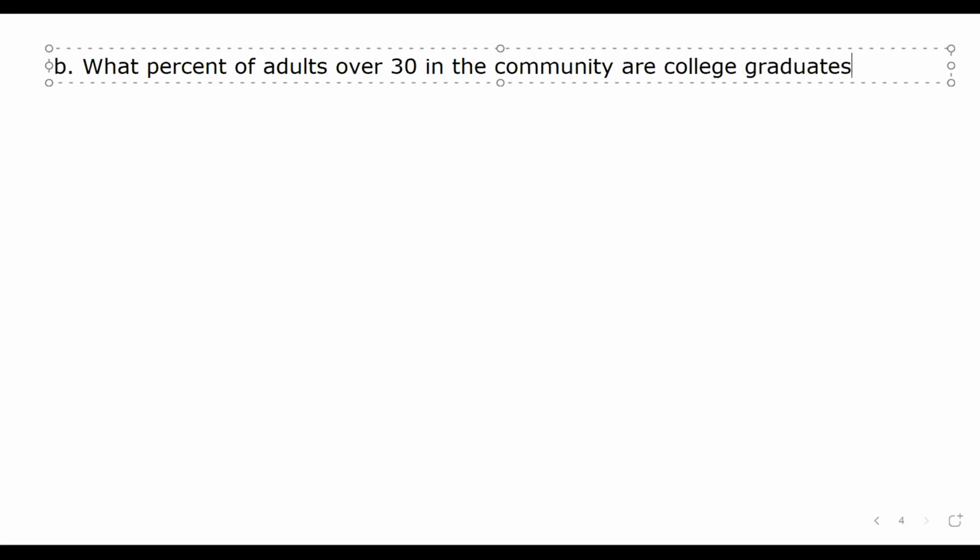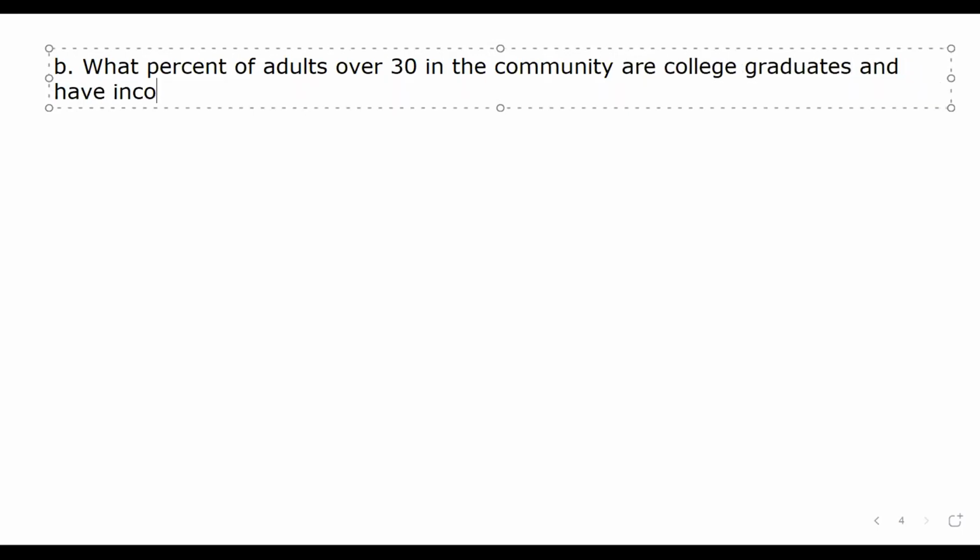So for part B, it's what percent of adults over 30 in the community are college graduates and have incomes over $15,000.